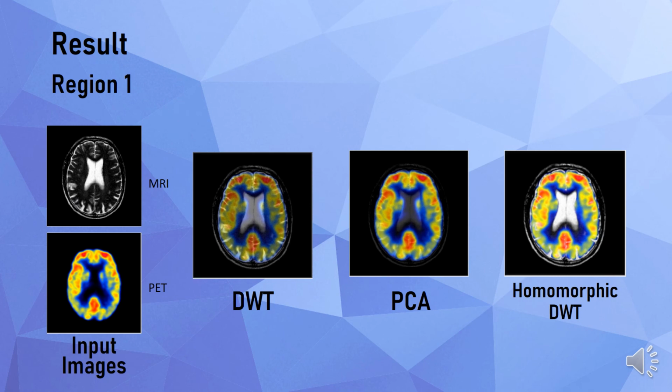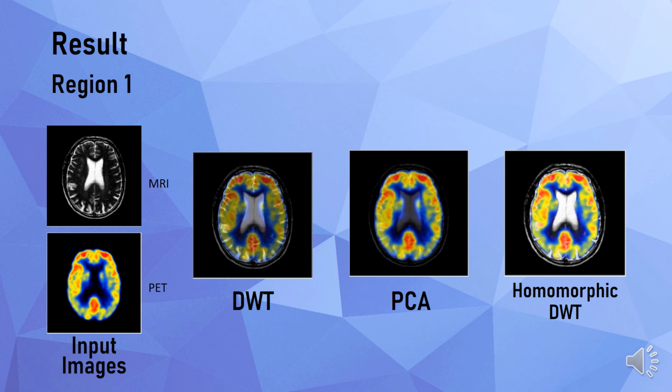Result and discussion. For the qualitative measures, if you look at the output of the three methods, DWT, PCA, and homomorphic, we can see that the homomorphic method has a lot more information, where you can see the component from the MRI and the component of PET fused into the image.